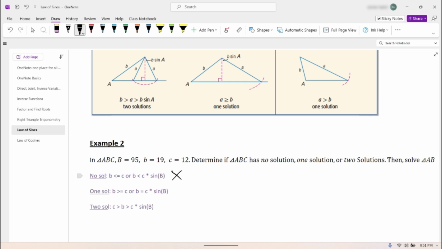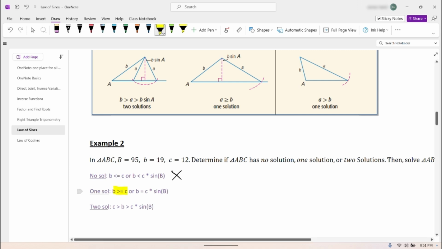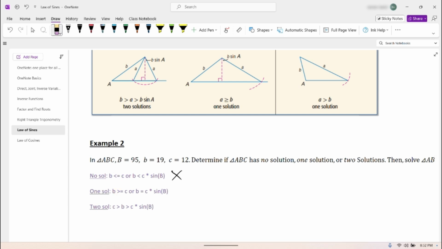So is it one solution? Is b greater than or equal to c, or b equal to c sine B? This is definitely true here. b is greater than or equal to c. Do we need to check b equal to c sine B? I can just go based on the first condition that b is greater than or equal to c.